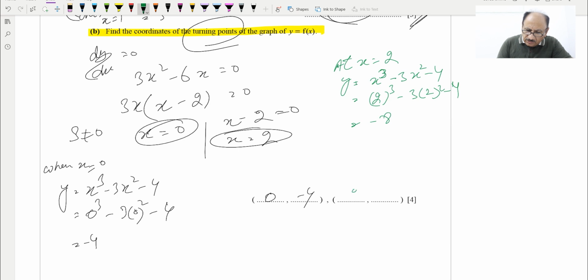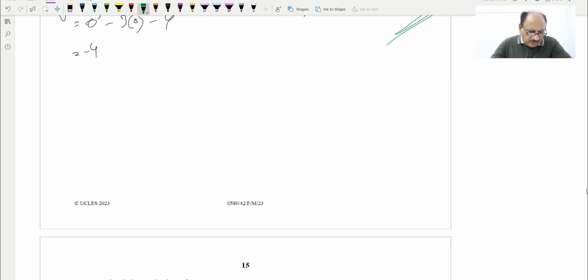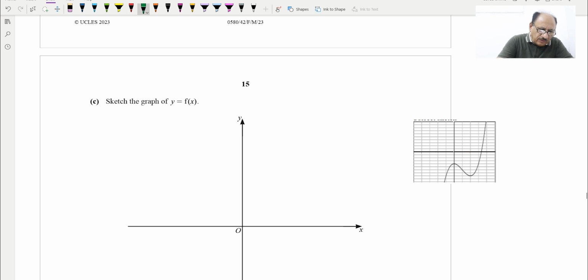So when we are taking x value 2, it's returning minus 8. It is a 4 marks question which we have done. Hopefully you understand this.